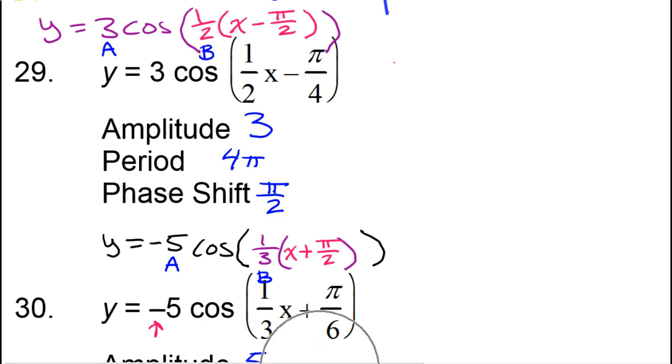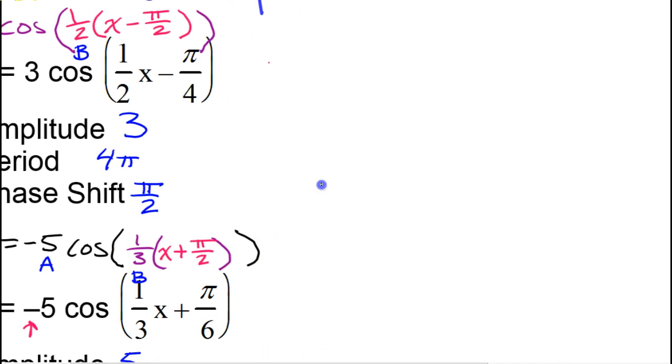Now, the phase shift is so important for drawing the graph because the phase shift tells you where to put your very first mark on the x-axis. So, alright, the phase shift is pi over 2, so we'll go ahead and put our first mark at pi over 2.